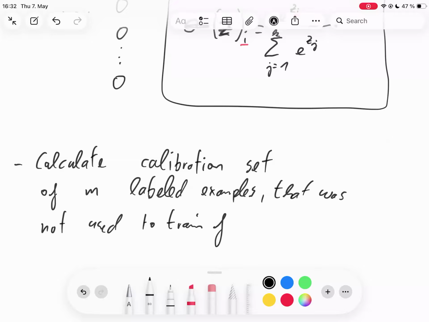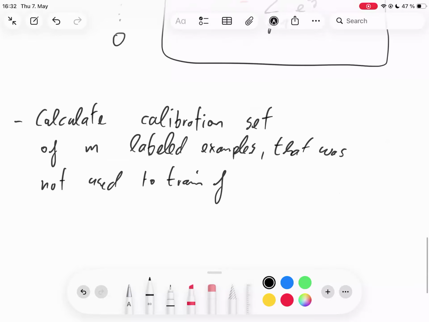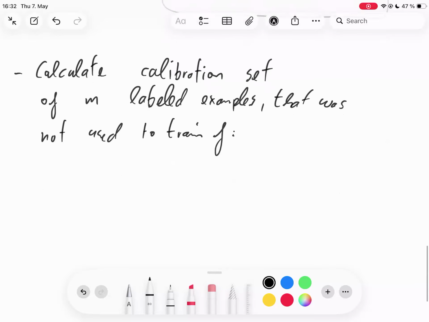And then we wonder how we can calculate this set. I'll show you this. So S is the calibration set, and it stores the entries Si for our M examples.